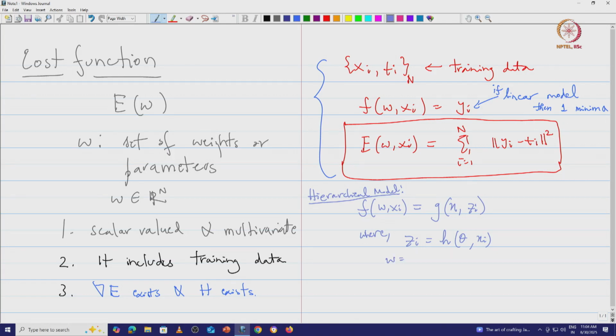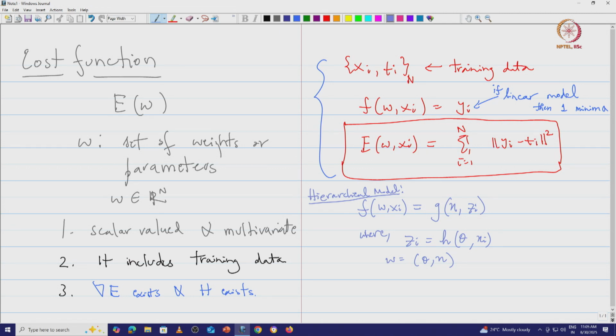So omega would be a combination of both this theta vector and eta vector. Omega would be a conjoined vector of the values in theta as well as the values in eta. This would be the vector over which you would be trying to optimize the cost function, the vector space, and this would be one particular vector corresponding to that parameter. So this is an example of a hierarchical model.